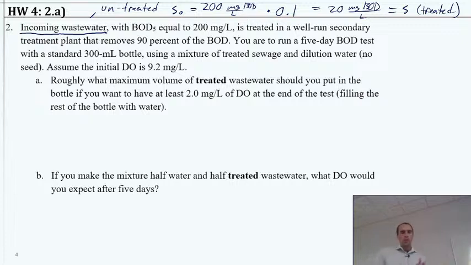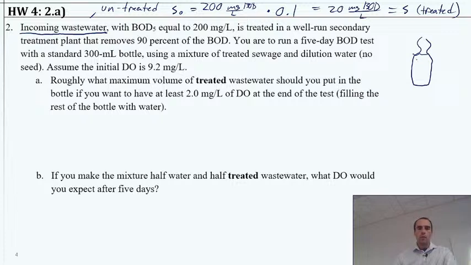Okay, so part A then, we're dealing with that treated water. We put it into a bottle. What's the maximum we could put in there to have at least 2 milligrams per liter of dissolved oxygen at the end if we filled the rest with dilution? So what we're really looking for is in our little bottle, if we think of a little jar, little cap, fill it with the water.